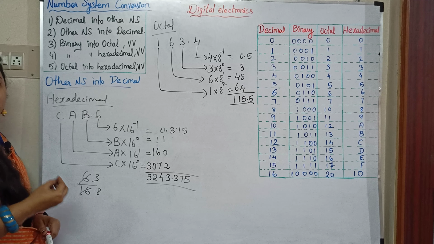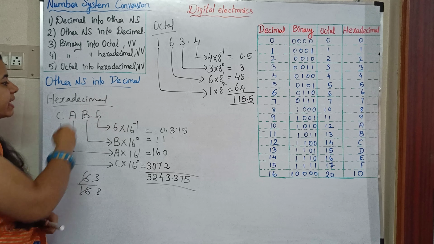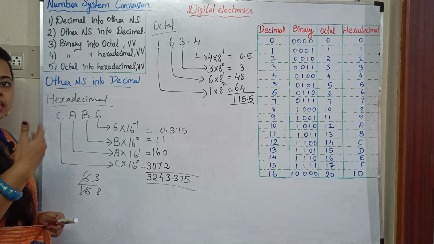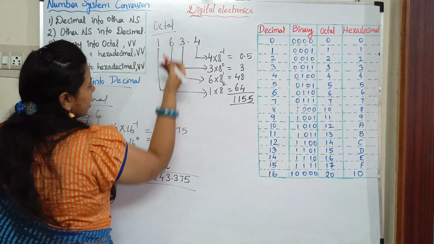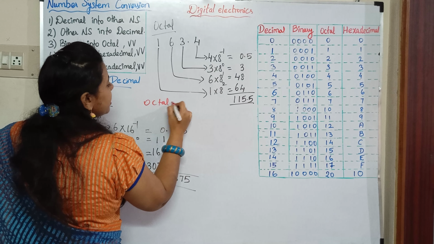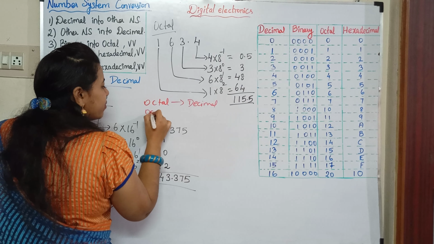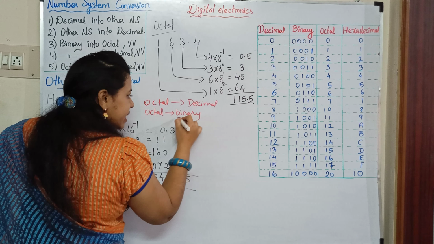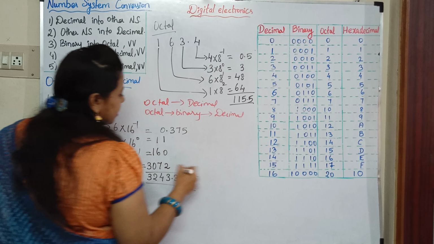This is how you convert any other number system into decimal. For octal and hexadecimal, this is the direct method. You can also follow another method: to convert octal into decimal, first convert octal into binary and then convert the binary into decimal. This is the indirect method.